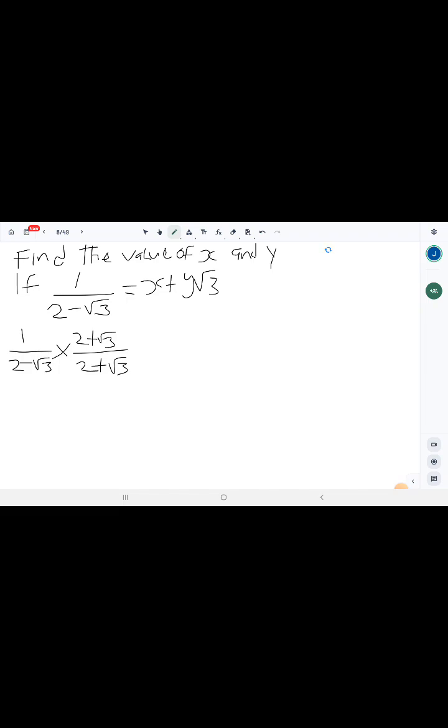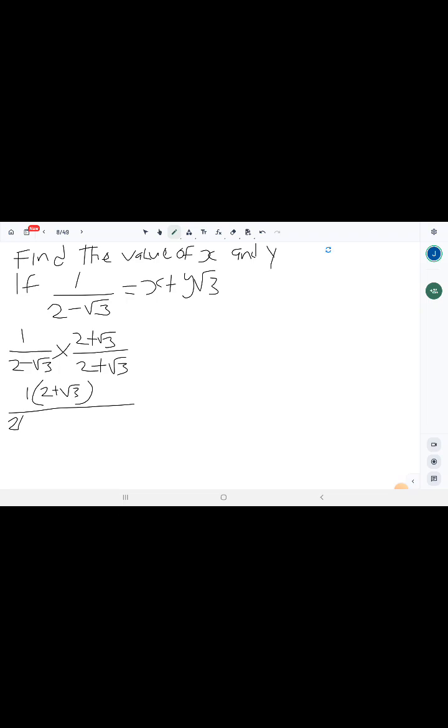Next, we'll open the bracket. We'll say 1, we'll create a bracket, 2 plus root 3, close bracket, over, I'm going to write these 2, and I will write everything on the conjugate in brackets and multiply them together.